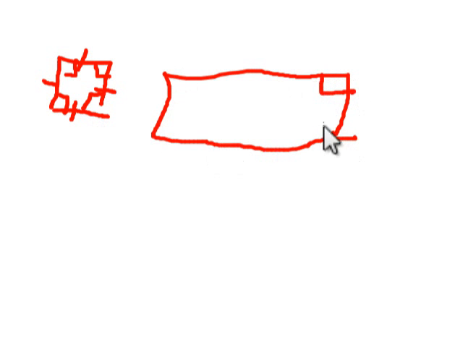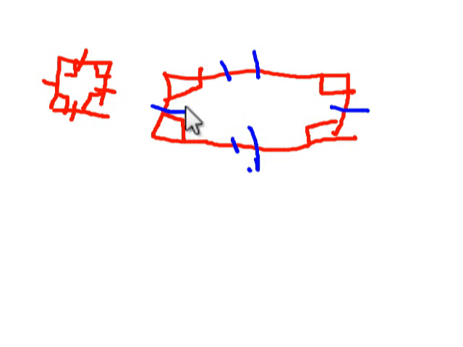So we're going to put our four right angles there. But instead of all four sides being the same length, two of the sides, the ones that are opposite from each other, are the same length. And the other two are the same length, but they're not all four the same.